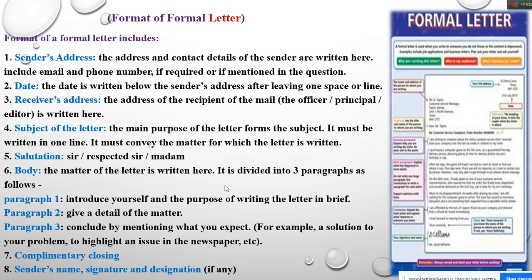It is very important to remember. The first paragraph: introduce yourself and the purpose of writing the letter in brief. The second paragraph: giving details of the matter. And the third paragraph concludes. And then ultimately complimentary closing, sender's name, signature, and designation.